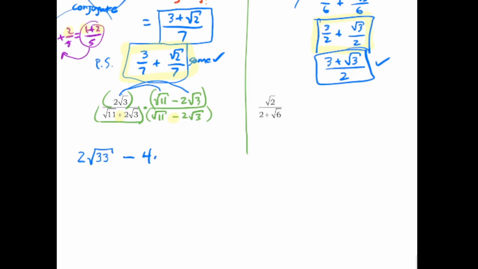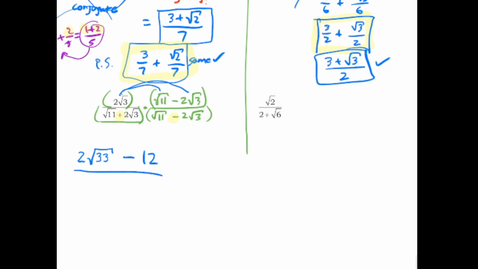And then root 3 times root 3 is 3. Right? So it's a big string of multiplication. Multiply in any order you want. So 2 times 2 is 4 on the outside. Root 3 times root 3 is 3. So really that's a 12. Maybe I'll just call that a 12. In fact, let's make it look like a 12 by doing it this way so it really looks like a 12.